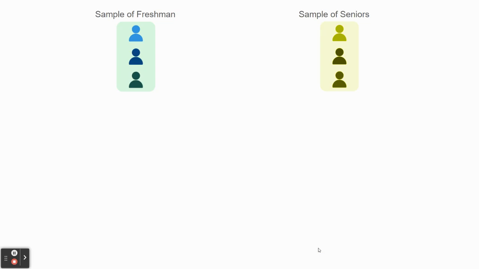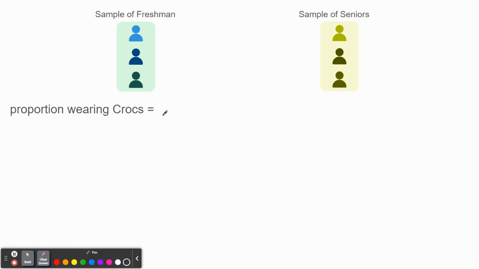So now I've got my smaller sample of freshmen and sample of seniors. I'm going to calculate the proportion of students that are wearing Crocs within my sample of freshmen. So let's just say 40% of my freshman sample is wearing Crocs, so the sample proportion is 0.4.